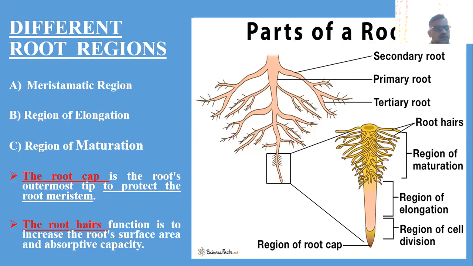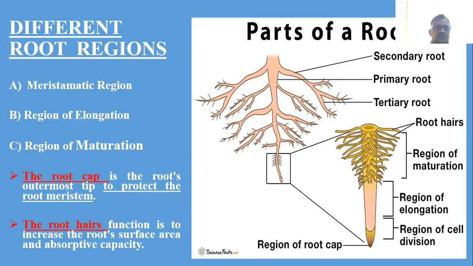It is the uppermost part of the root, at the root tip, where meristematic cells are present and cell division happens. This area is responsible for cell division and growth, and because of this region the length of the roots increases and they go deeper into the soil.